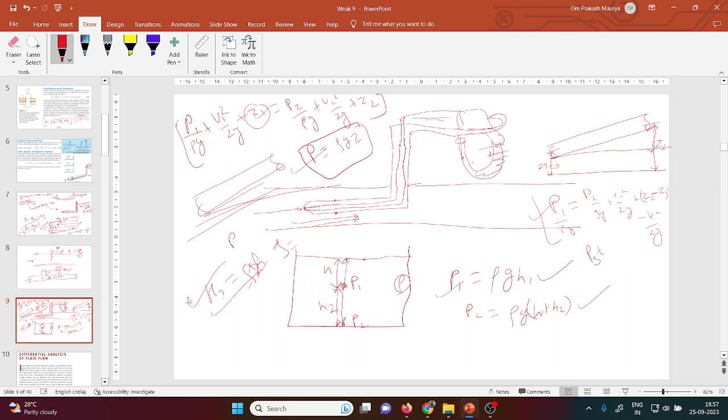As I have discussed, in the Bernoulli equation, what does P represent? P actually represents the stagnation pressure, because you know the concept. If you are talking about the fluid in a diffuser, you know the diffuser kind of thing, let me discuss first.